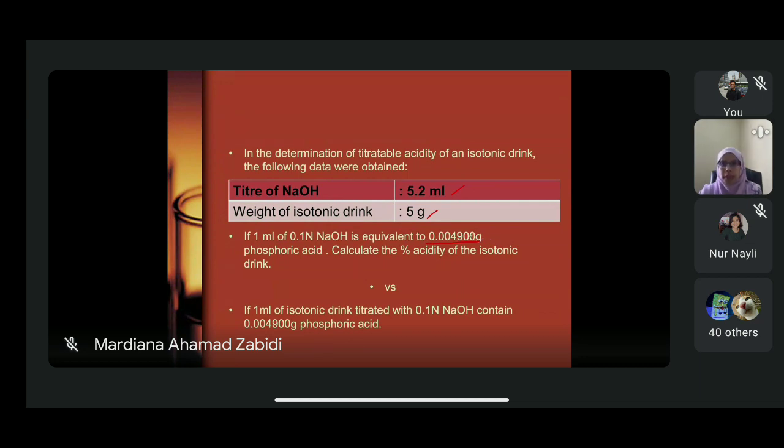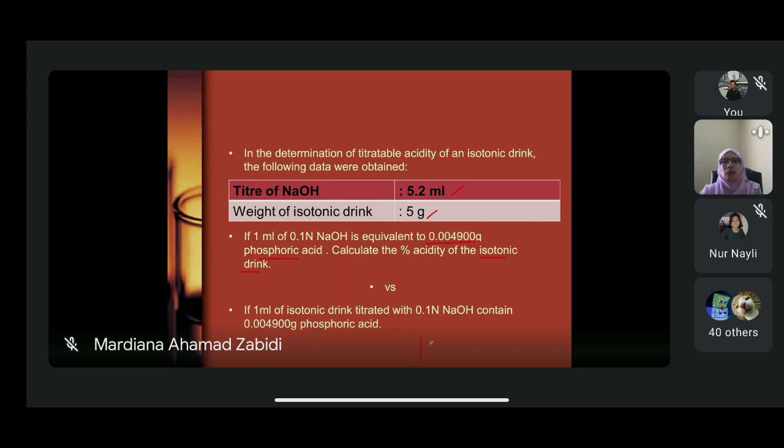Kenapa sangat accurate ni sampai 6 decimal point? Phosphoric acid, calculate the percentage of acidity of the isotonic drink. Okay, dalam isotonic drink ada phosphoric acid. Okay, then the phosphoric acid, the milli equivalent factor for phosphoric acid in 0.1 normal NaOH is 0.0049.